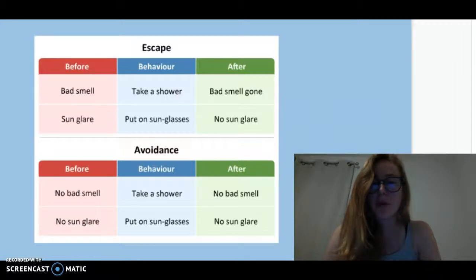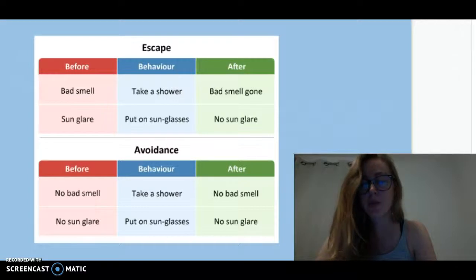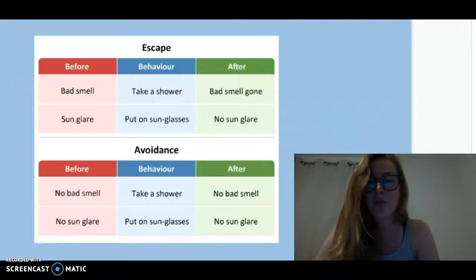In order to help you figure out the difference between escape and avoidance, I found this figure on Google that I found really helpful, so I thought I would share that with you. This figure represents the differences between escape and avoidance. On the top, we see escape bringing a contingency to an end.